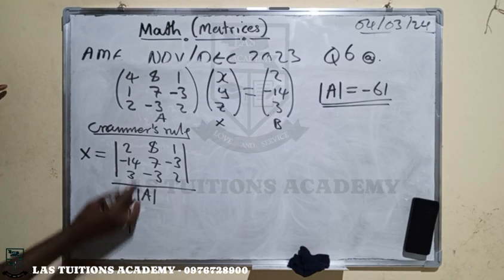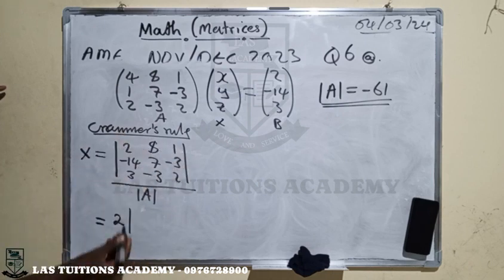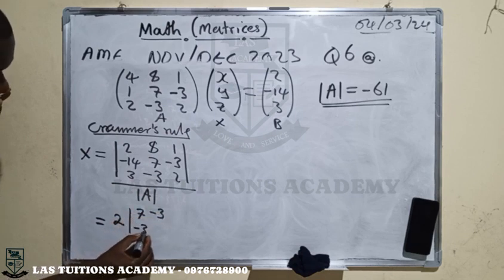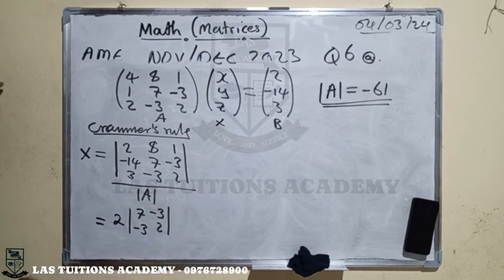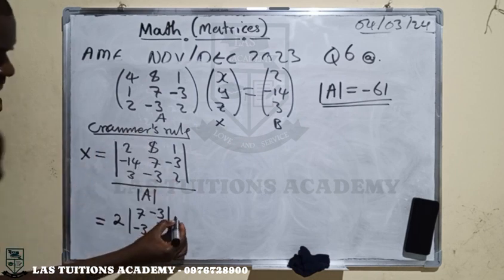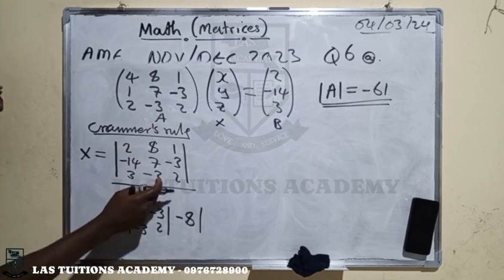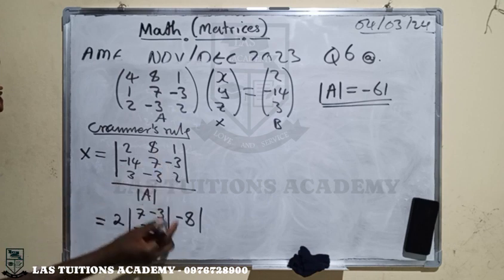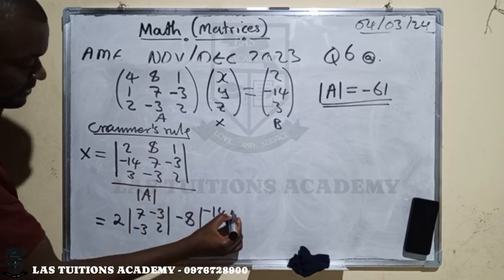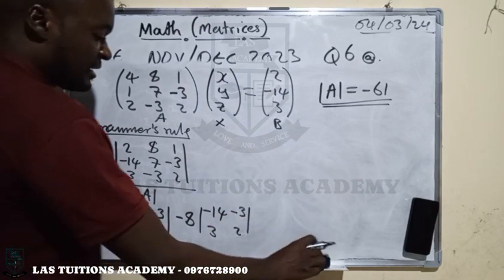When we lock this and that, we have 1, 2, 3, 4 as free numbers. So I have 7, -3, -3, 2. The position sign here is negative, so you put -8. Then we lock this, we lock that, so we have 1, 2, 3, 4 as free numbers: -14, 3, -3, 2.